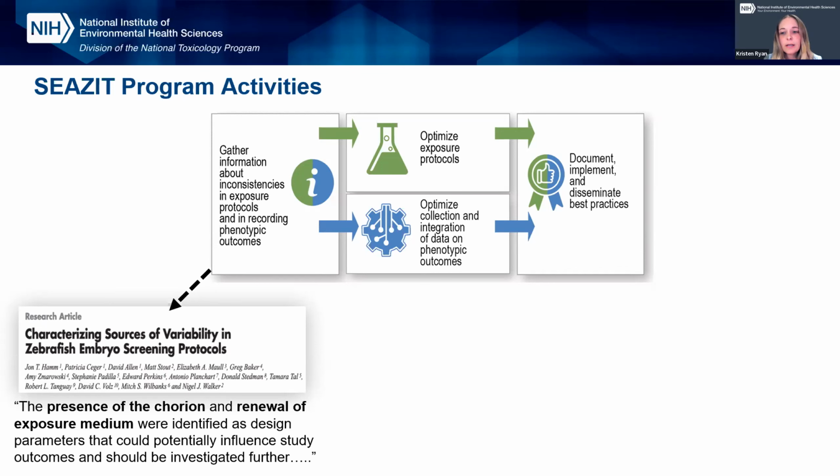The other parameter that we were interested in was related to chemical dosing. Some study designs expose chemicals one time early in development, while others do media changes every day, giving chemical renewal. So you can see that for both of these parameters, alterations could certainly influence chemical potency and be a source of inconsistent results across labs.